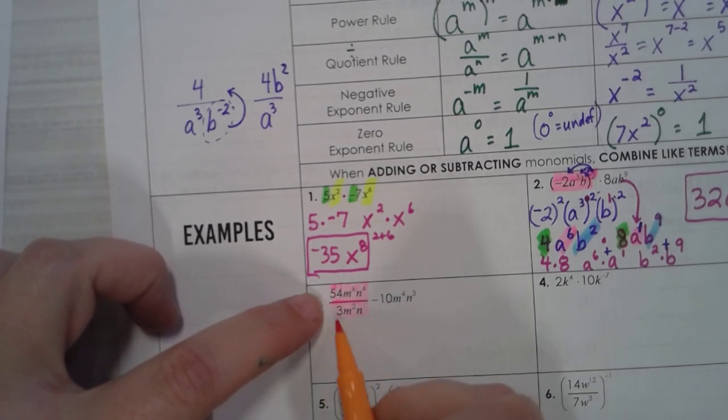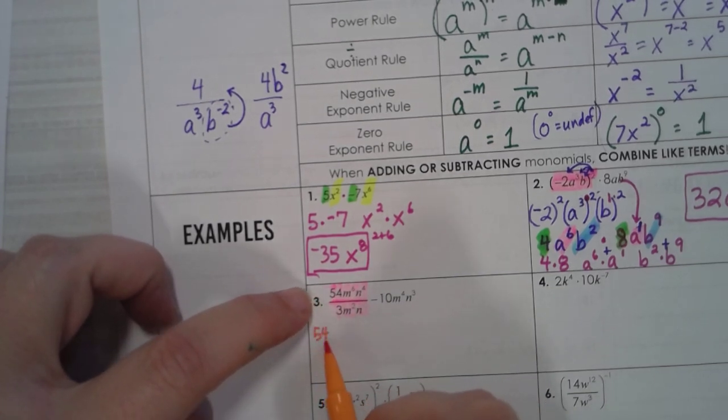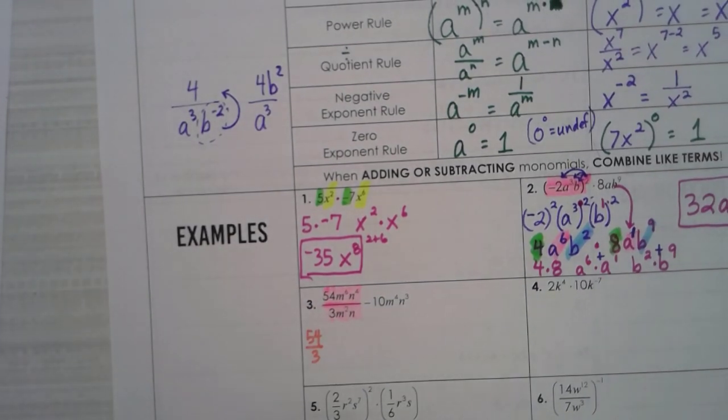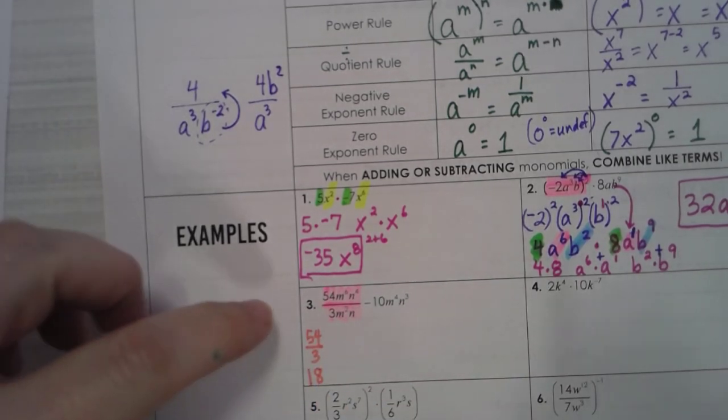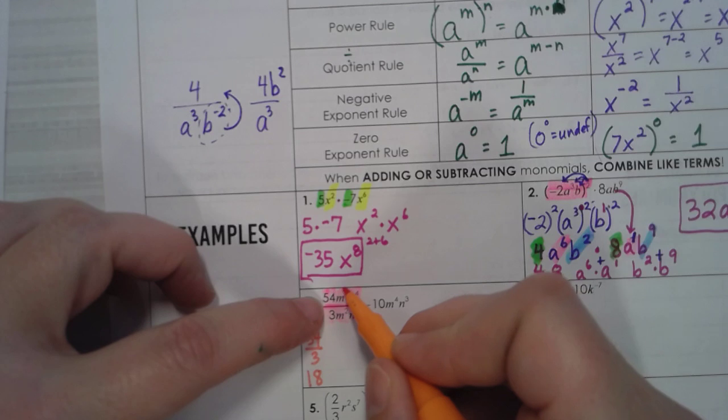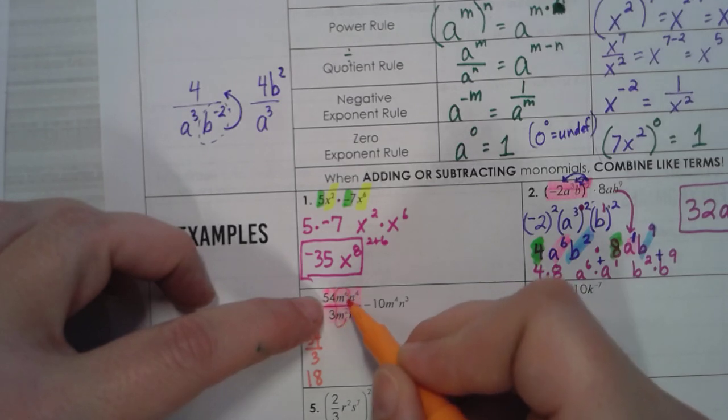I'm going to take the coefficients, the numbers in front, and that just says 54 divided by 3. So I'm going to grab my calculator real quick. 54 divided by 3 is 18. Okay. Then I have these m terms right here.